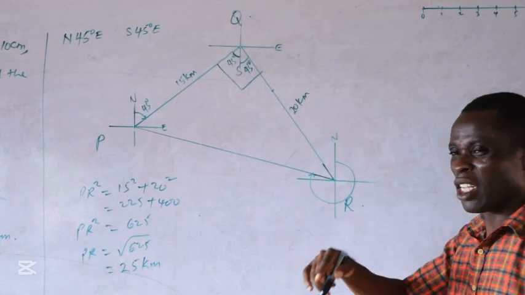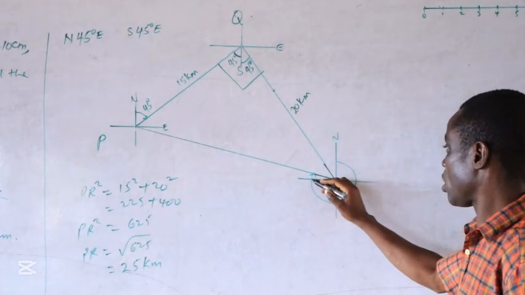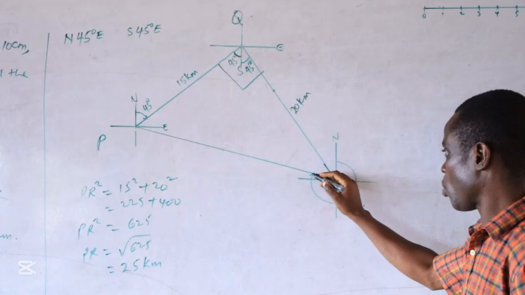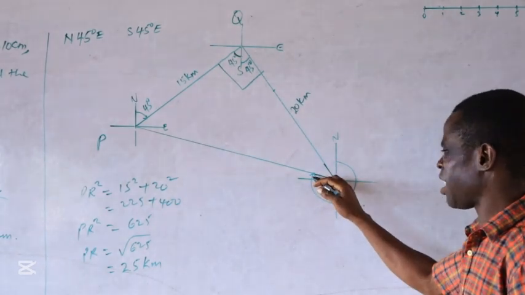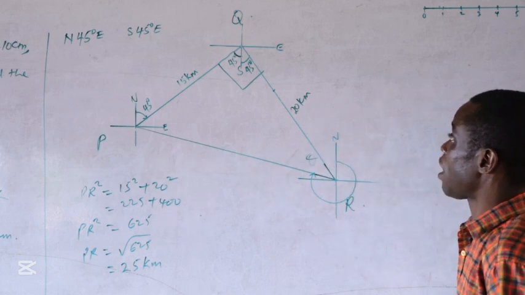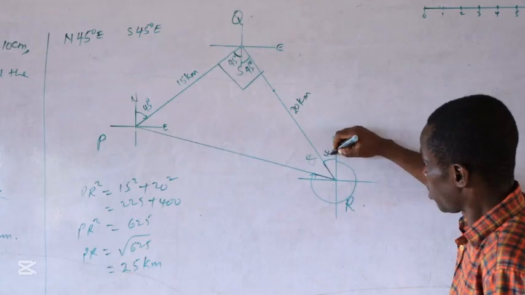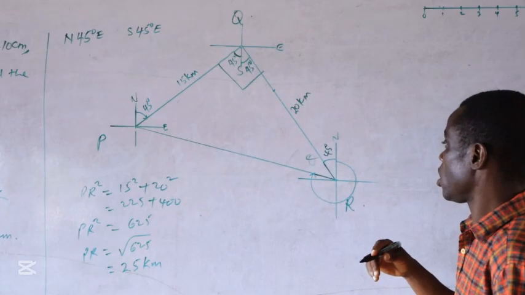The answer is more than 270. That's 180, 270, plus this small angle. But I cannot easily get it because this is an exterior angle. Let me now calculate theta here. This is 45, this is also 45, alternate angles.